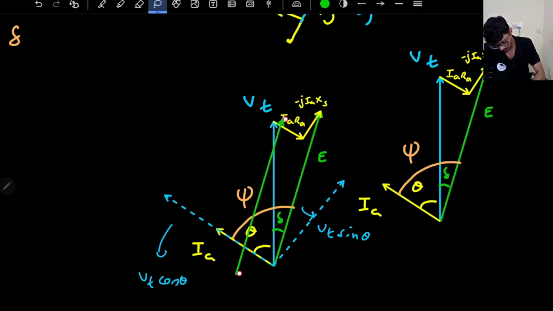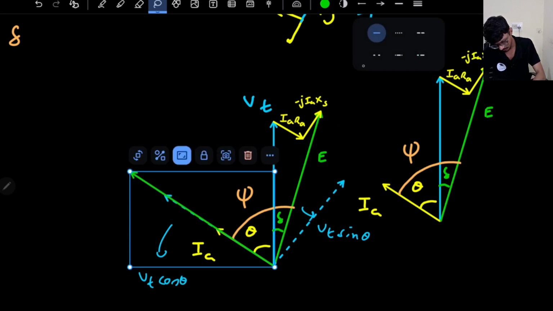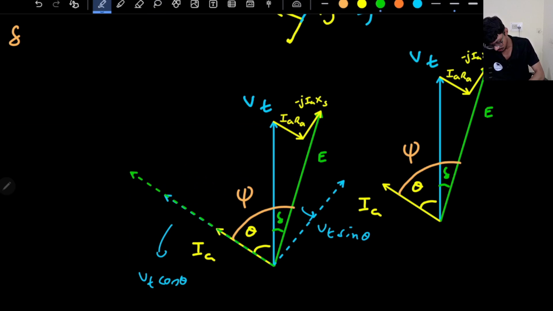And this E also will have two components. One will be along IA. What will be the value of that component? It will be E cos xi.